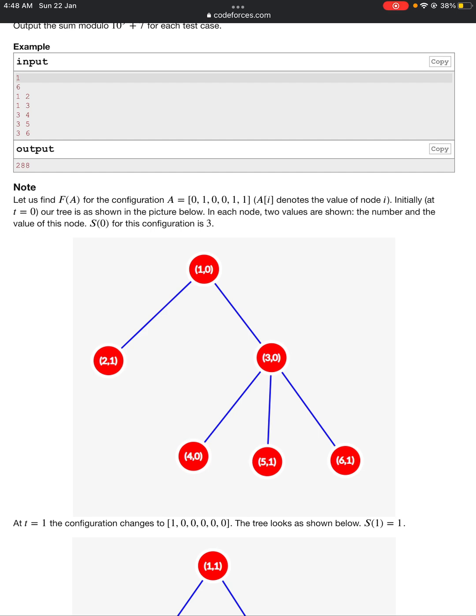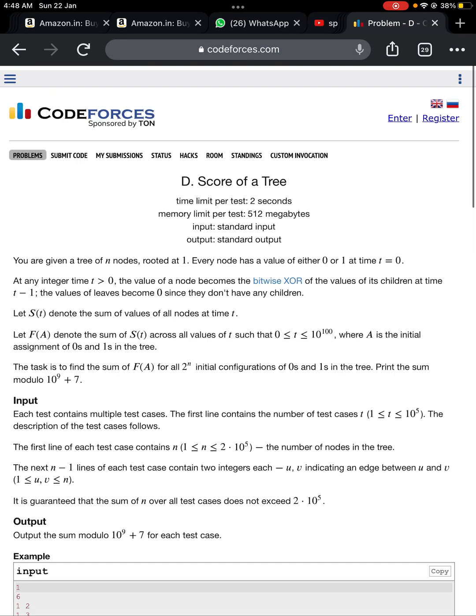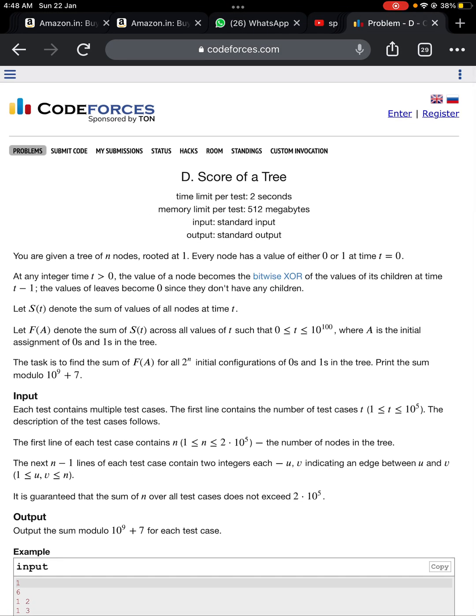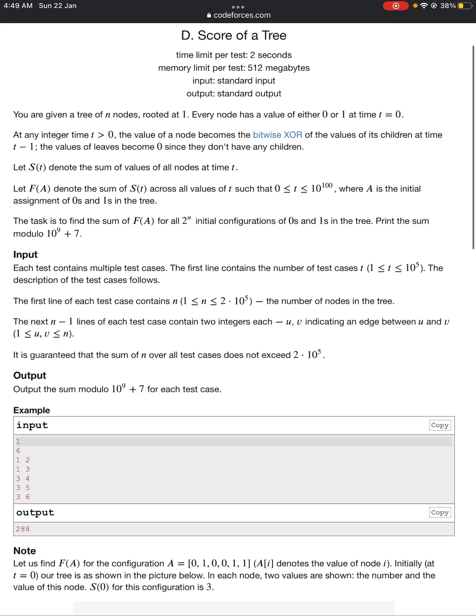If we have a tree with 6 nodes, then the total number of possible values for a is 2 raised to power 6, because every node can be either 0 or 1. For each of those 2 to the power 6, which means 64 initial configurations, we have to find the sum of s_t, and then add all those for all the configurations. As you can see, n can be as large as 10 to the power 5, so this value can go very big, which cannot even fit in a long.